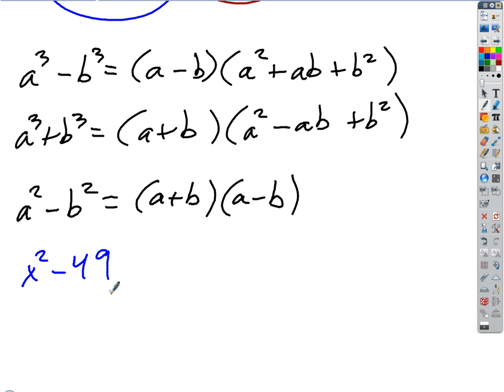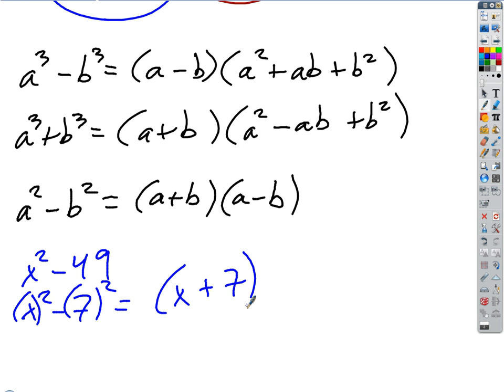So if I fit that pattern, my a is x, and my b is being replaced by a 7. So what's the pattern? A is x, plus b, which is 7, times a, which is x, minus b, which is 7. Done.